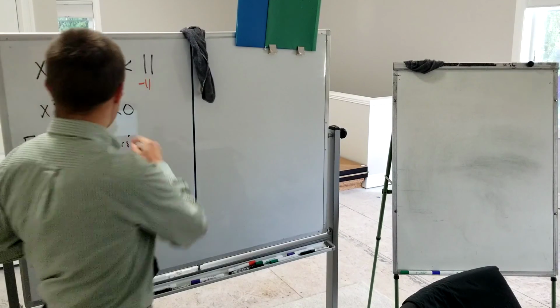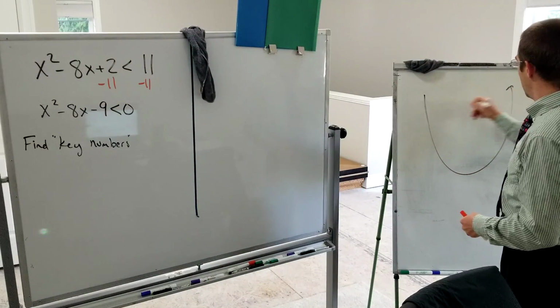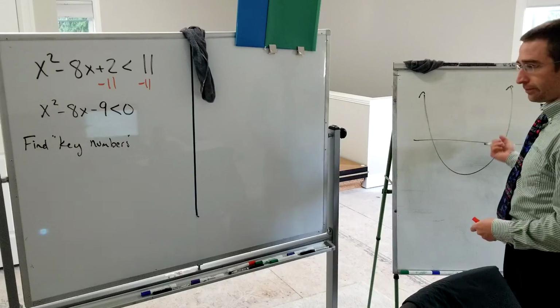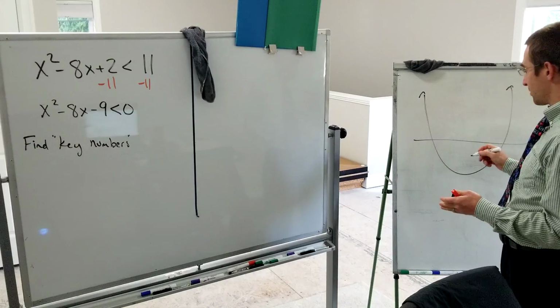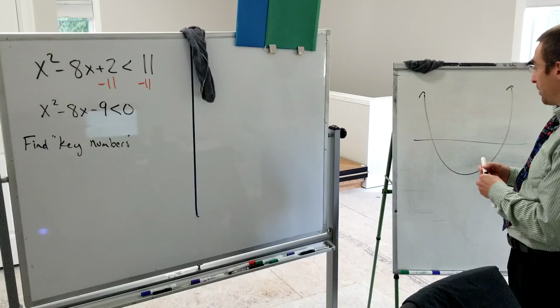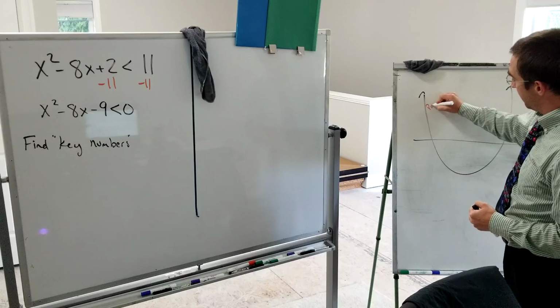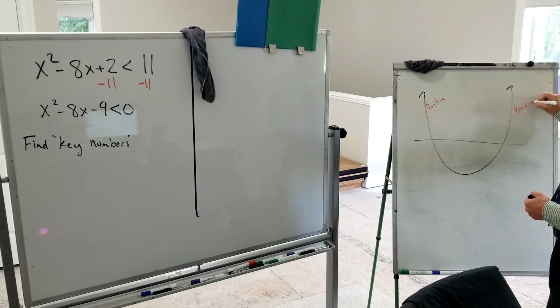We know the graph of this is a parabola, right? Something like this. It doesn't really matter where the y-axis is. But here we're positive, positive, negative.